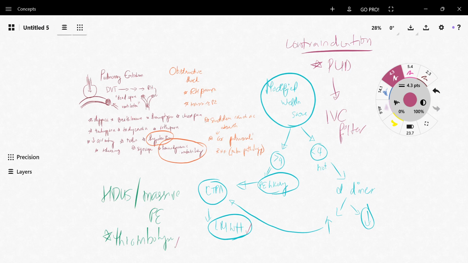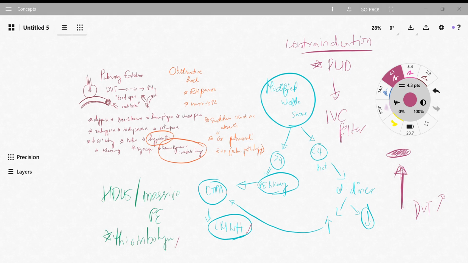It is basically preventing the thrombus from traveling up, especially when a patient has signs of DVT, like a cord-like palpable mass in the legs, swelling, warmth in the extremities. Then you want to put in an IVC filter to prevent the clot from traveling up to the heart and then to your lungs. Okay.